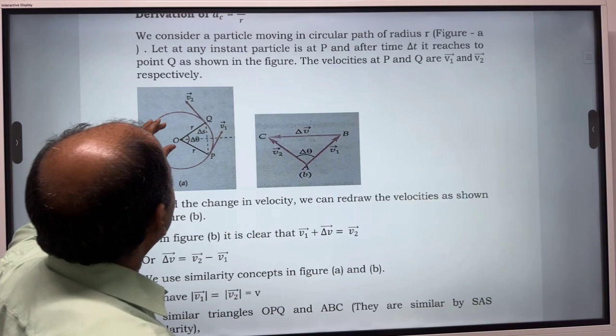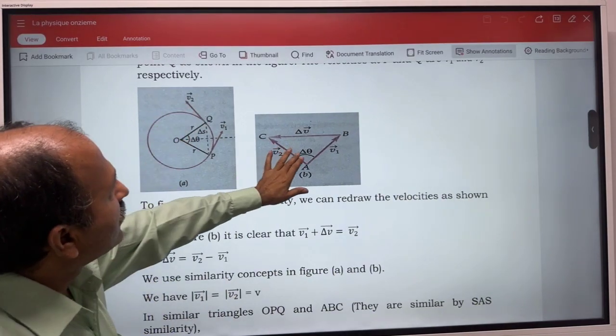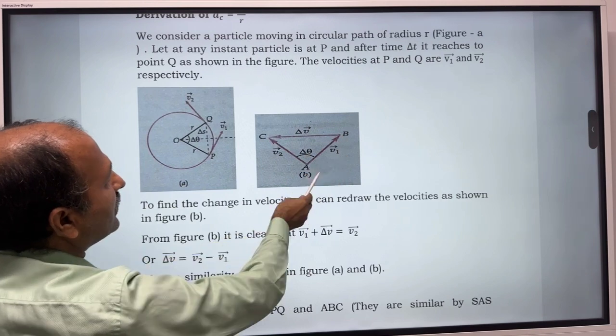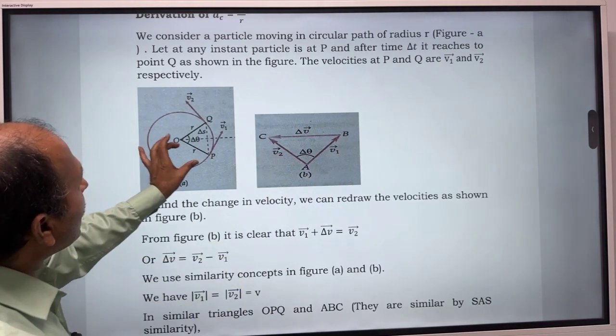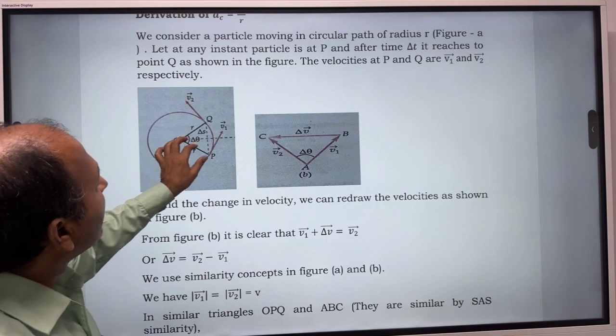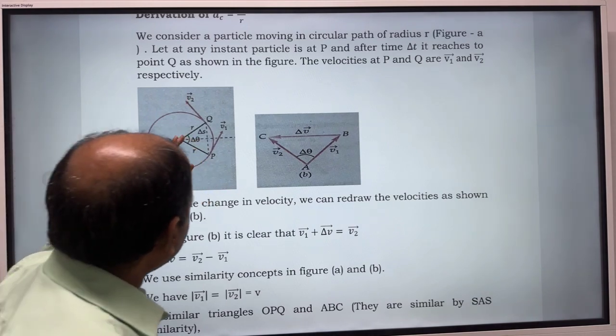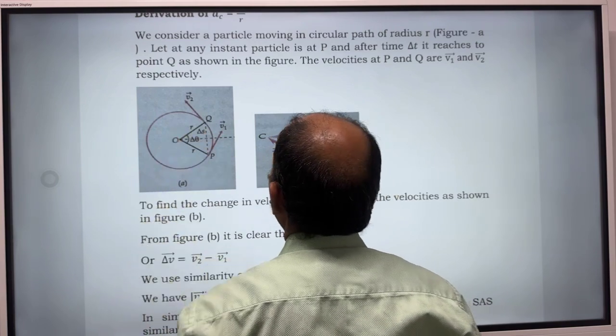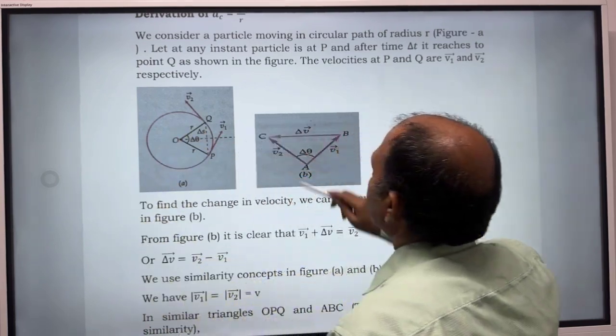Here the comparison is made. The ratio of these two is equal, so AB to AC is 1, and OP to OQ is 1. The angle is the same, so SAS similarity will give that both triangles are similar.